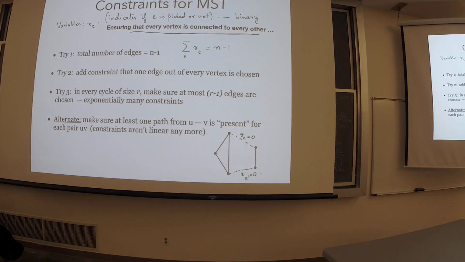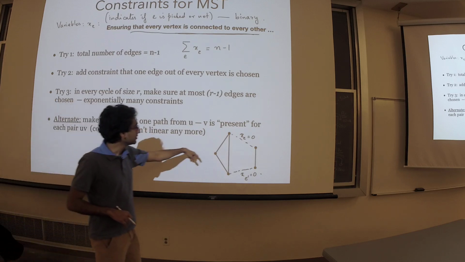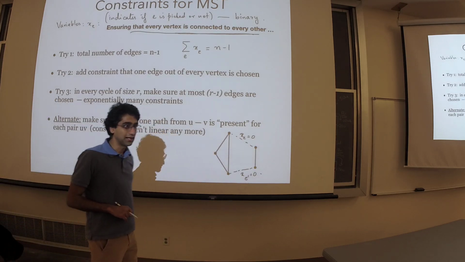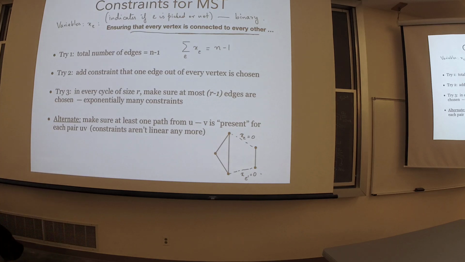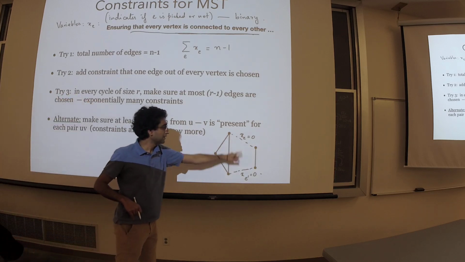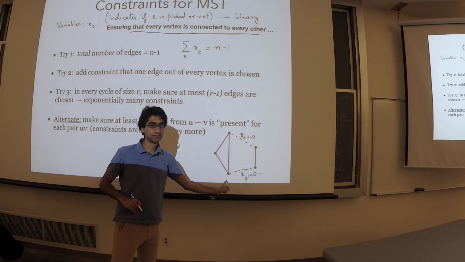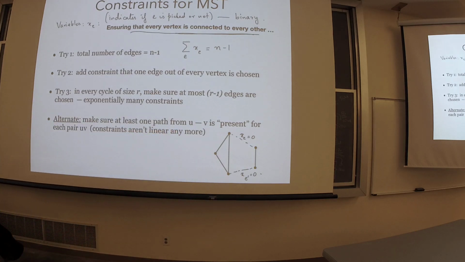So you can force the solution to be a tree by saying that in any cycle, you pick at most r minus 1 of the edges. So this is a valid constraint to add, and this will eliminate a bad solution like this. Okay, so far so good.